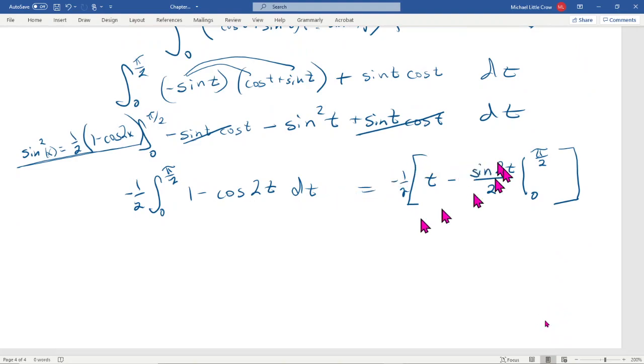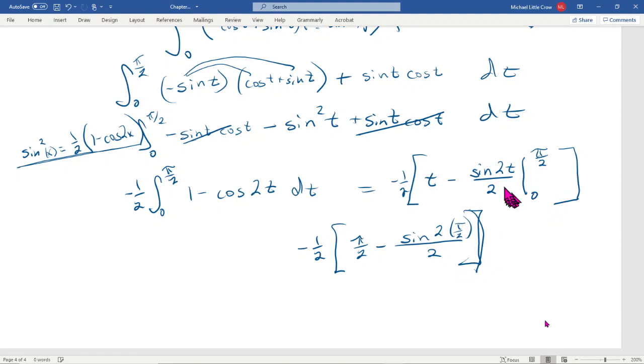We could go ahead and distribute, or we can distribute at the end, but notice when we plug in 0, we get 0t. When you plug in 0 here, sine of 0 is 0. So we don't have to worry about this. We just have to plug in the upper end. So we get minus 1/2 times pi over 2 minus sine of 2 pi over 2, all over 2.